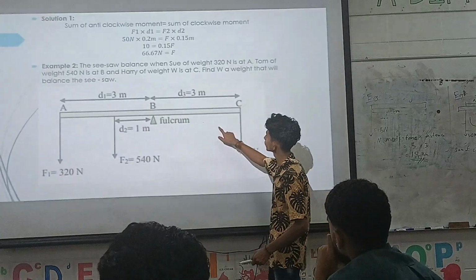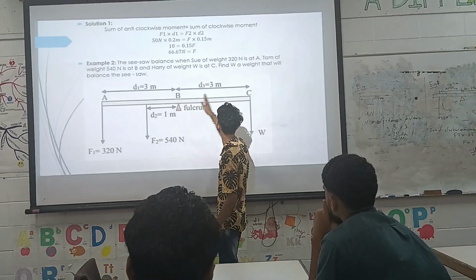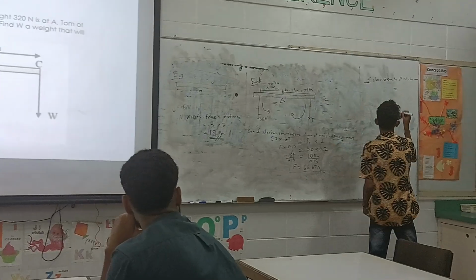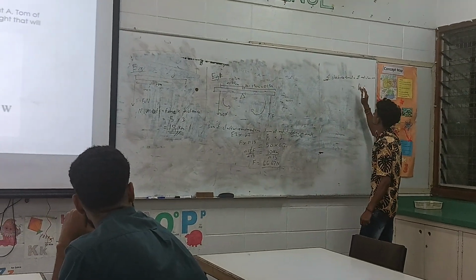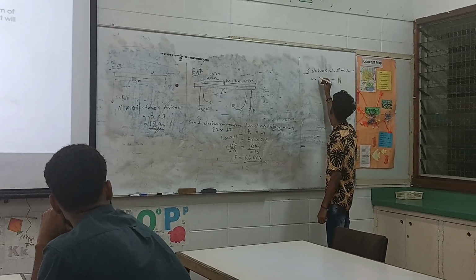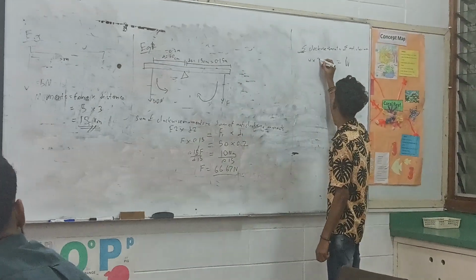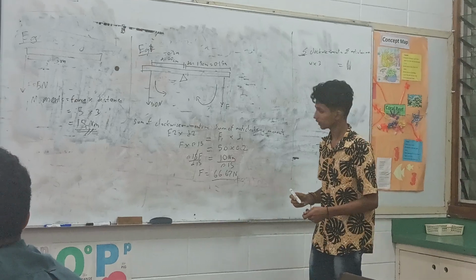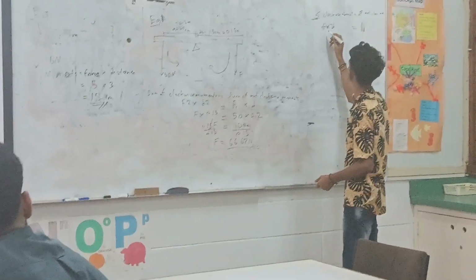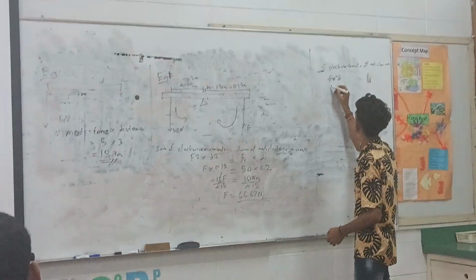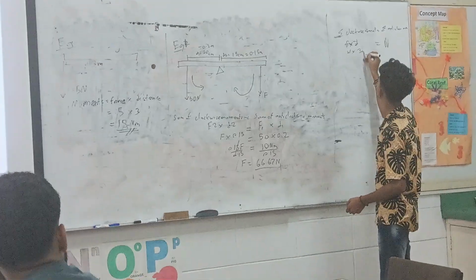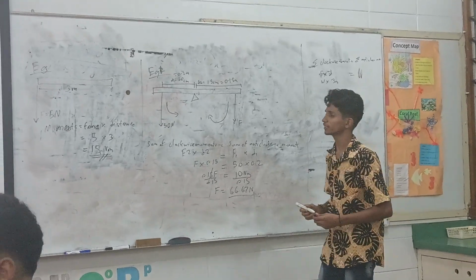So W times, what is the distance of W from the pivot point? 3 meters. So we'll do W times 3. It is force times distance. Our force is W here, and our distance is 3 meters. And now we go to the other side.